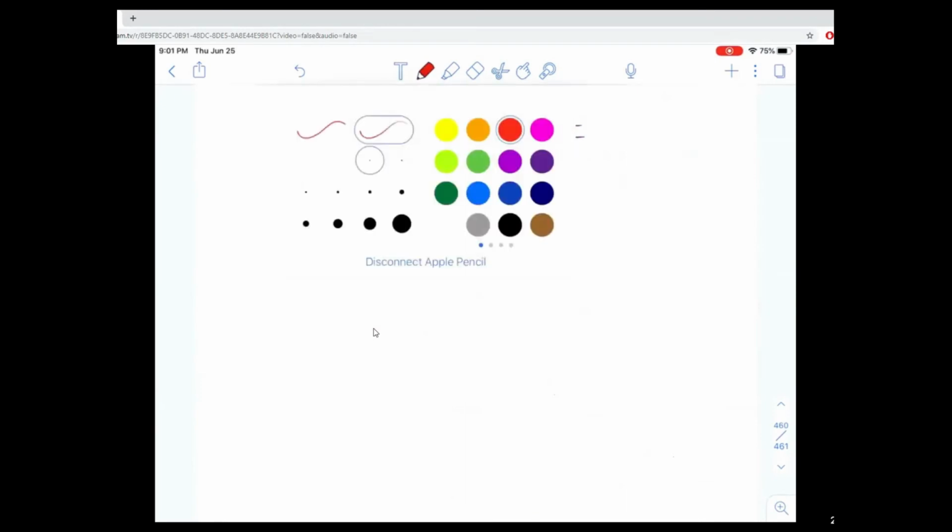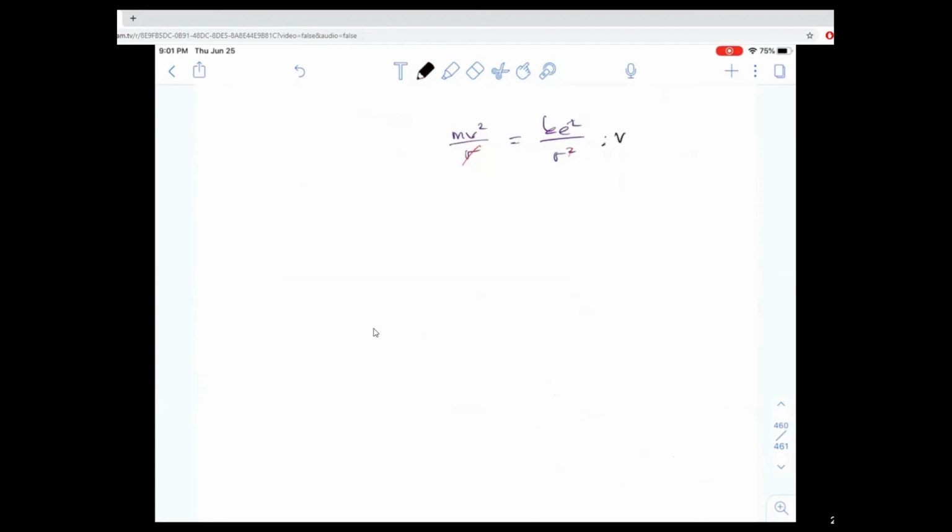Solve for v. So we will have K e squared. What else? We have m r. I came up with an expression for speed. Just for the hell of it, I'm going to bring this out. It's a cleaner expression.